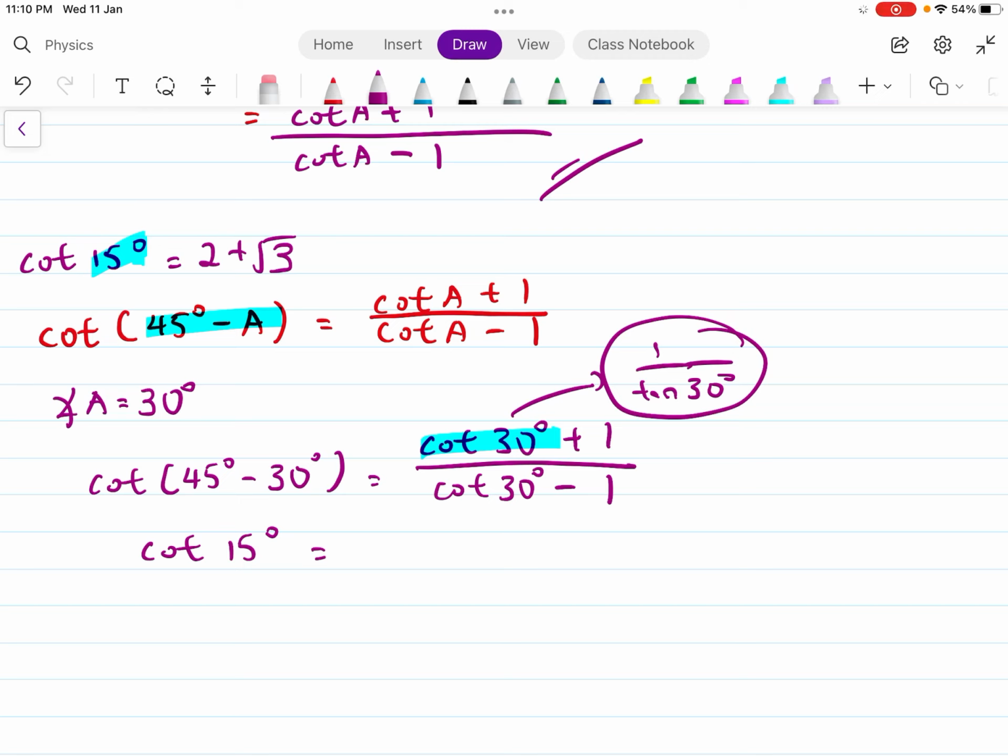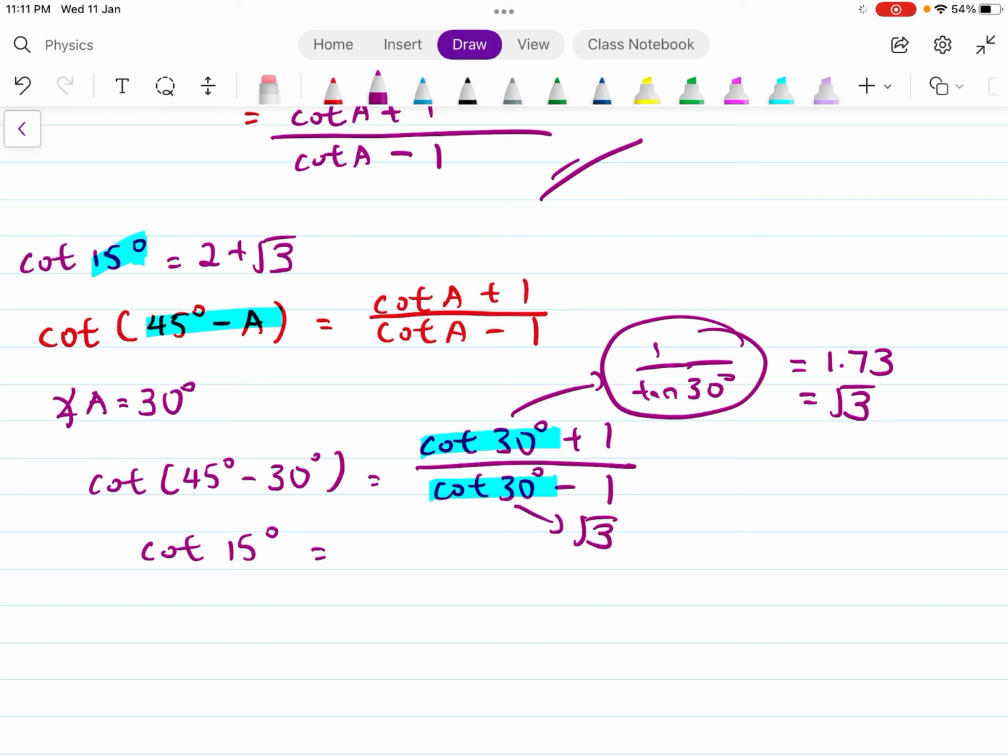If you press your calculator, you will get roughly 1.73. We want to put it in surd form. 1.73 is roughly equal to square root 3. If you don't believe it, press square root 3 and you will get 1.732 and so on. The same thing for the bottom: square root 3.